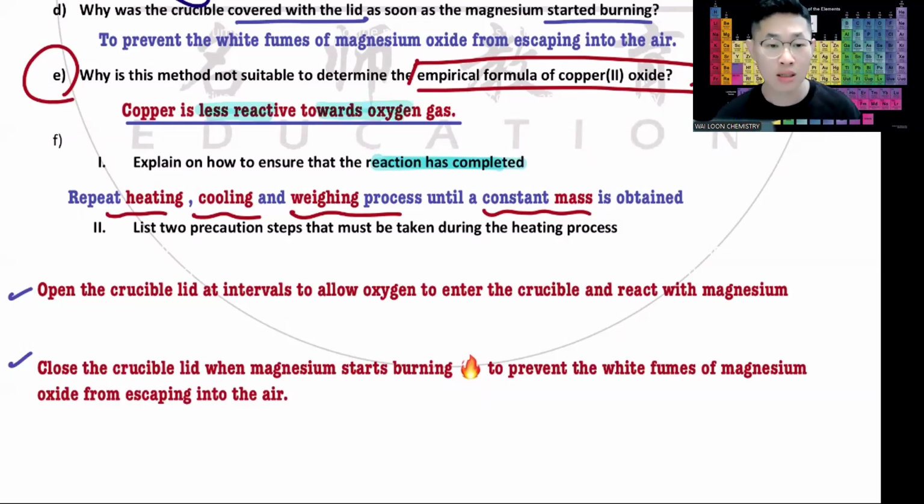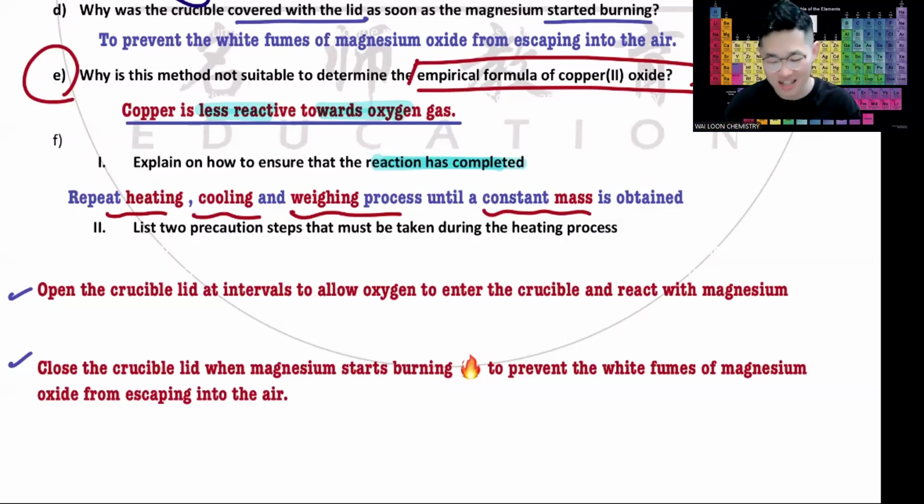Last time, when I was Form 4, I wrote copper is less reactive than oxygen gas. Then the teacher marked it wrong. Cannot say than, must write towards. Yeah, there's no way you can argue. So that's how we write it.